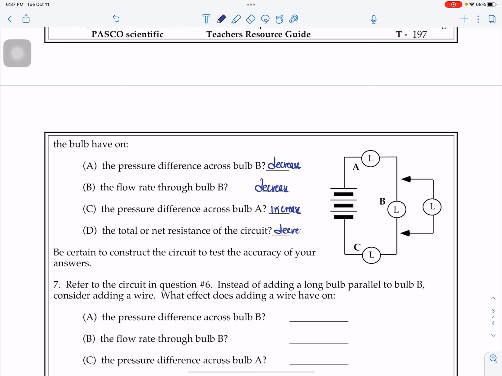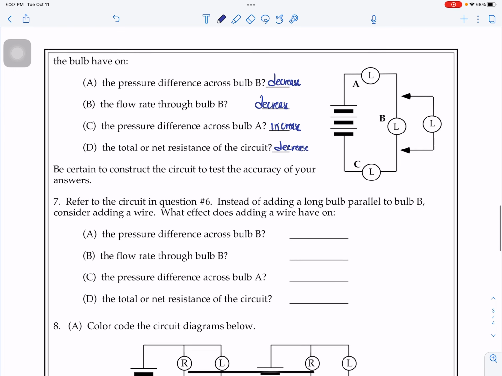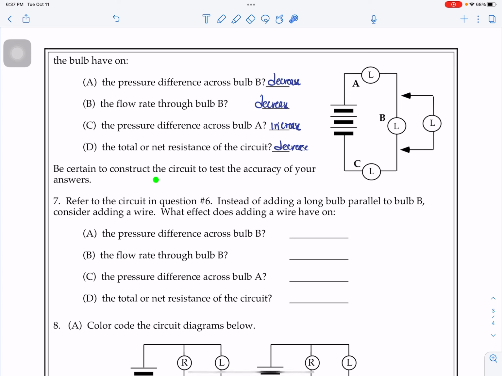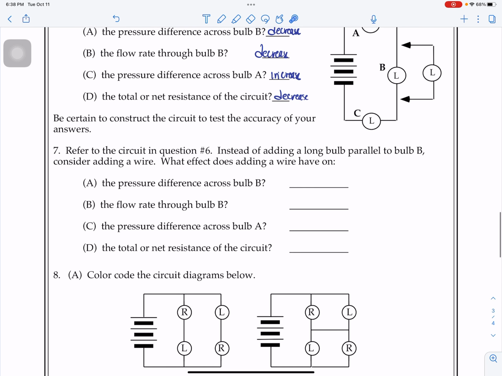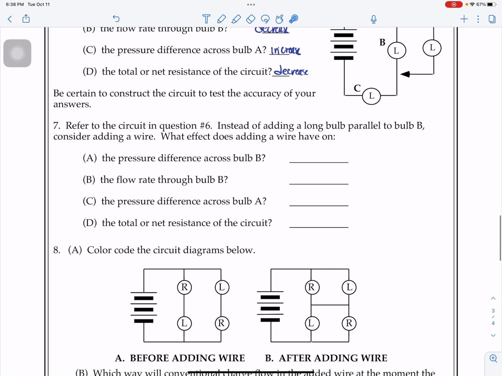If you decrease one part of it, you generally will decrease everything. And then hopefully you actually did this. If you did not do that yesterday, then you definitely should, so that you can see the differences in bulb brightness. That will help confirm your answers. If you didn't do it yesterday, do it.